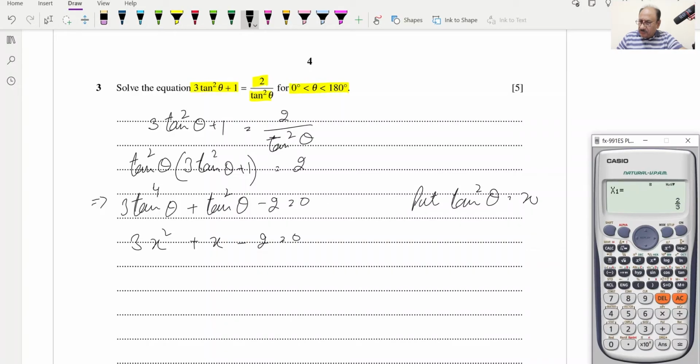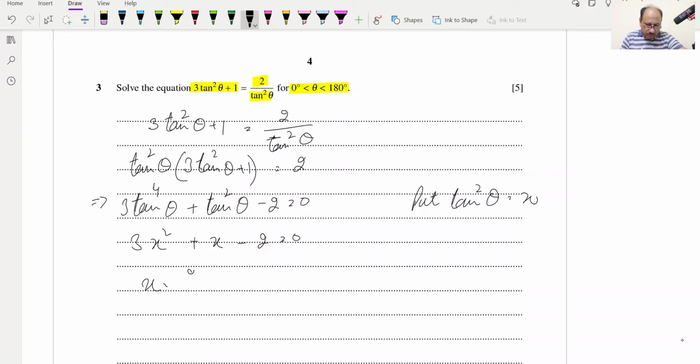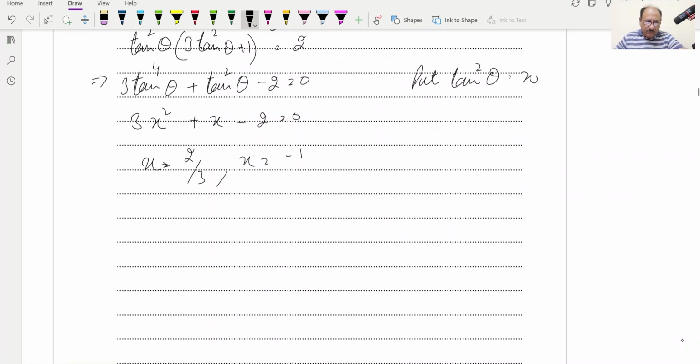This will give us 2 by 3 and -1, so x is equal to 2 by 3 and x is equal to -1. These will be the two values, which we can now replace with x is equal to tan squared theta. This implies tan squared theta is equal to 2 by 3 and tan squared theta is equal to minus 1.